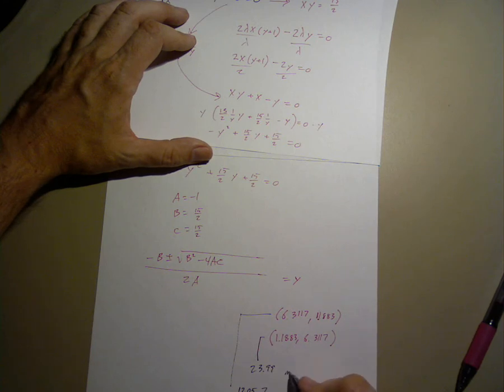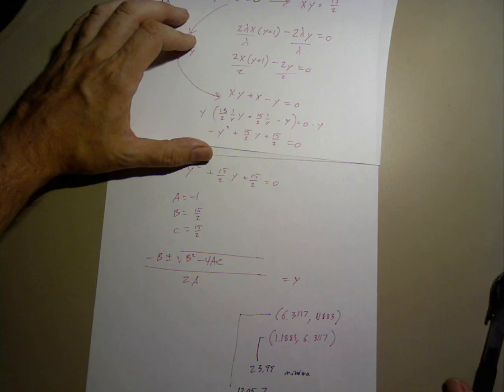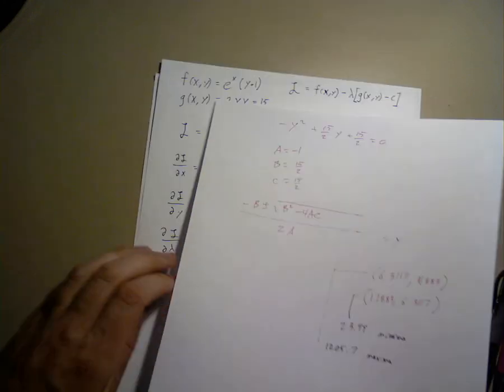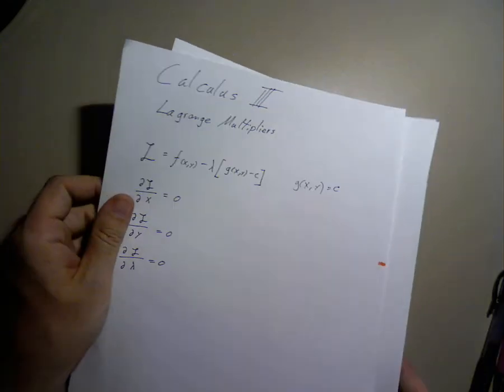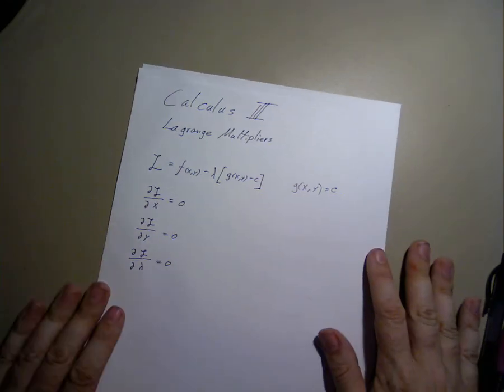Clearly, this is the first one, the 1.18, 6.31 is the minima, and the 6.31, 1.188 is the maxima. This is a common and useful method for solving maximization in the presence of a constraint.